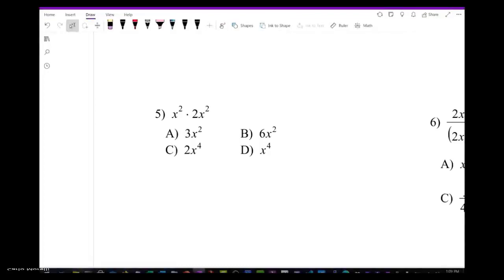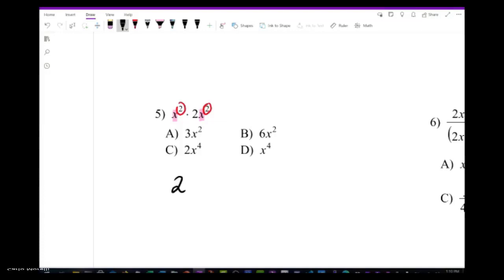One more easy problem, and then the complexity level goes up tenfold. So check those bases. Those bases are the same, so you're going to add the exponents. It may seem like you can do this in your head, but remember, mathematics is a writing class.